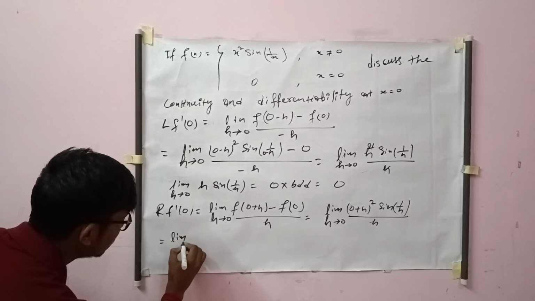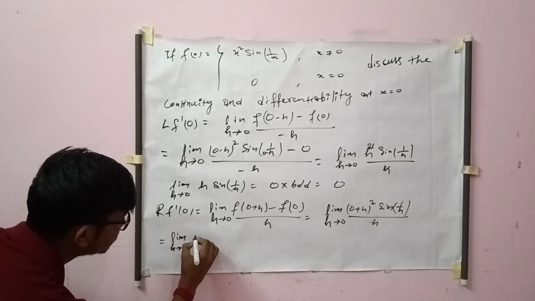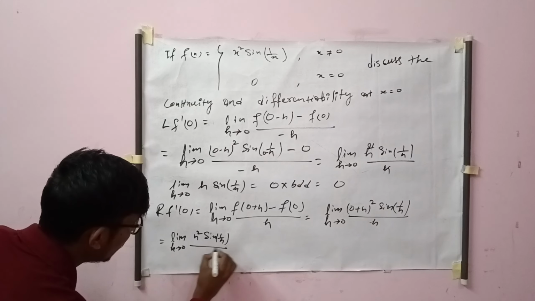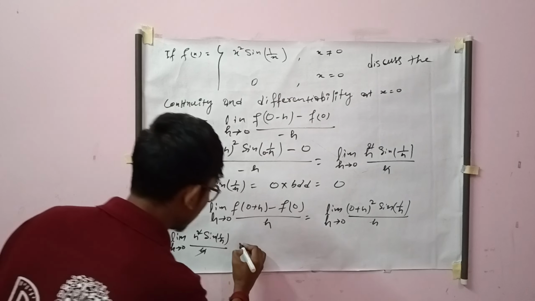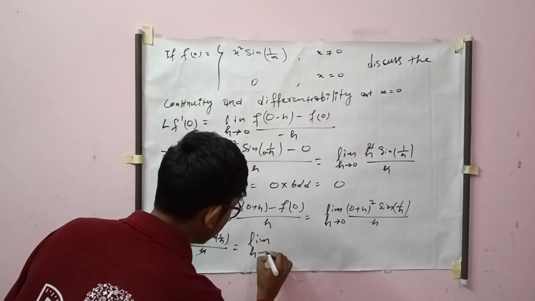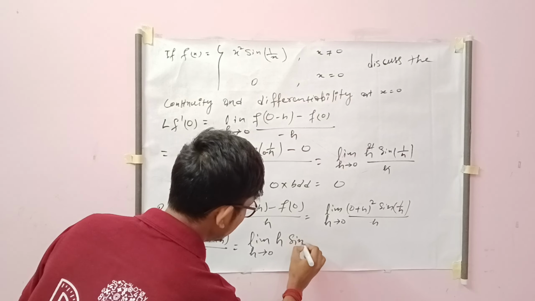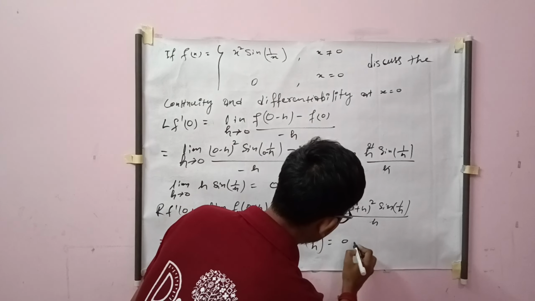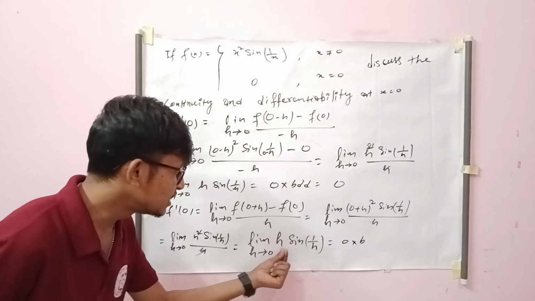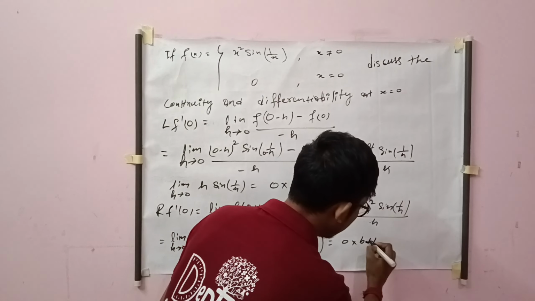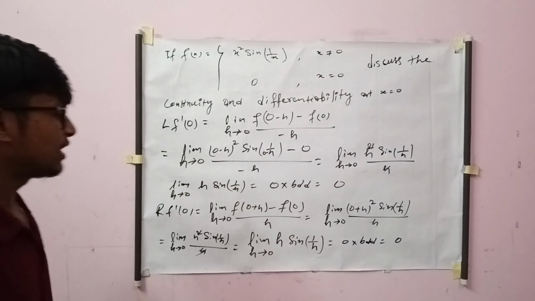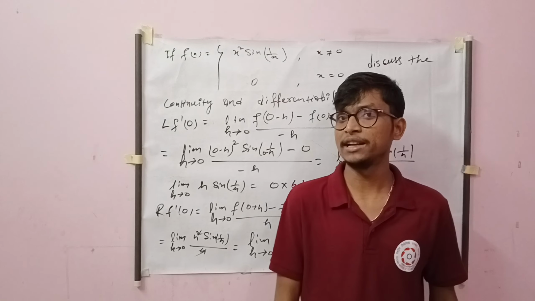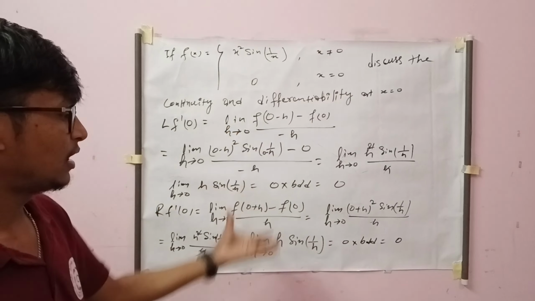So limit h tends to 0 of h square sine 1 upon h, and h will be cancelled out. Limit h tends to 0 of h into sine 1 upon h. So 0 into bounded, again h tends to 0 is 0 and sine is bounded, so 0 into bounded is 0. So we have seen that the left hand derivative and right hand derivative exist and are equal, so we can say that the function is differentiable at 0.